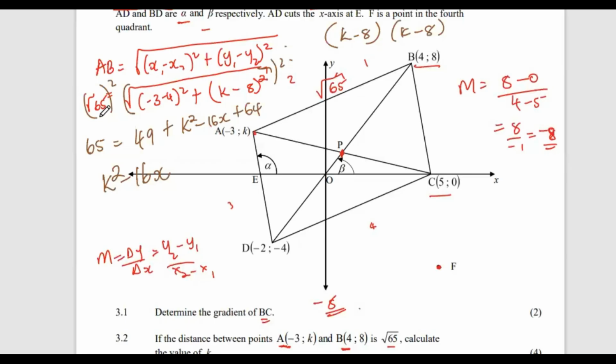When I subtract 65, I'm getting 48. I can factorize that, or I can use my quadratic formula. Which numbers give 48? We can use 12 and 4. We can say (K minus 12)(K minus 4) equals 0. So either K is 12 or K is 4.